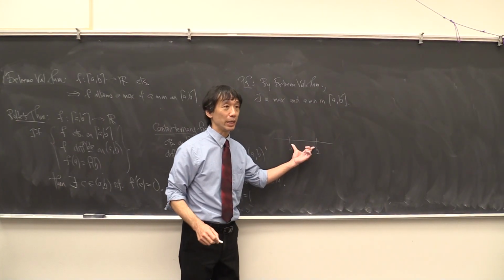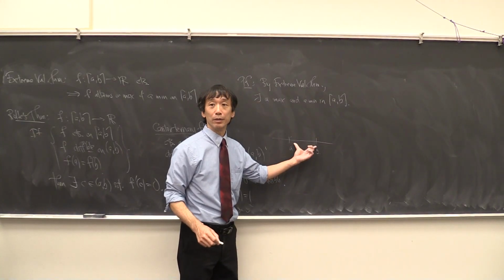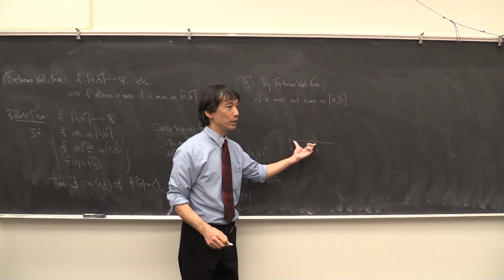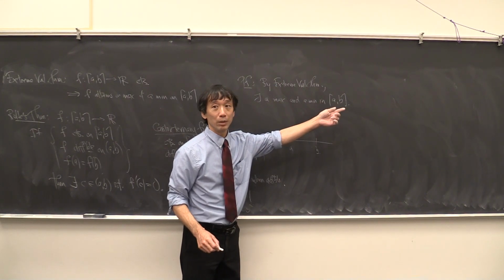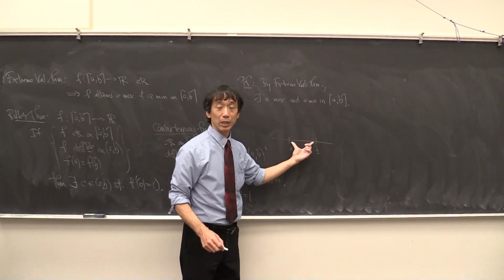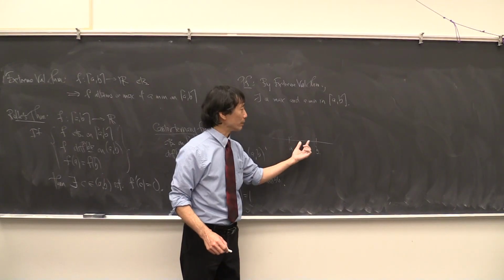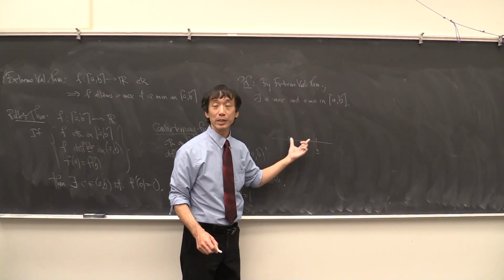Okay, and if one of them is in the interior, then we're done. Right? Because if one of them is in the interior, by the critical point theorem, we know that because it's differentiable there, the derivative must be 0. That's the end.